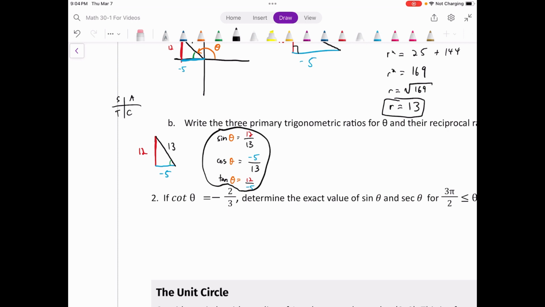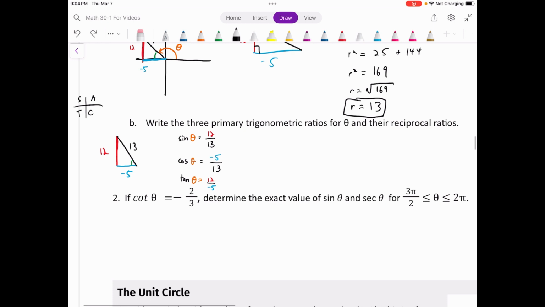All right, what about the three reciprocal ratios? Once you've written the three primary, the reciprocal ones are pretty quick and easy because you just have to flip them. So if sine is 12 over 13, then cosecant, the reciprocal of sine, is going to be 13 over 12. R over y instead of y over r. What goes with cosine?